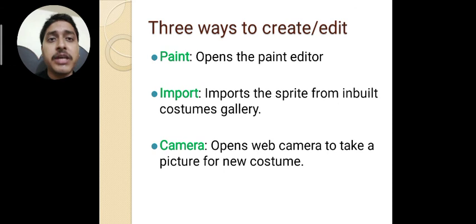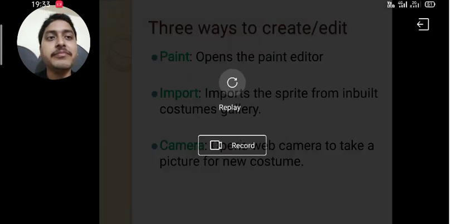If there is any web camera attached, this option will open that web camera to take a picture for a new costume. Okay, thanks. The next portion we will discuss in our next slides.